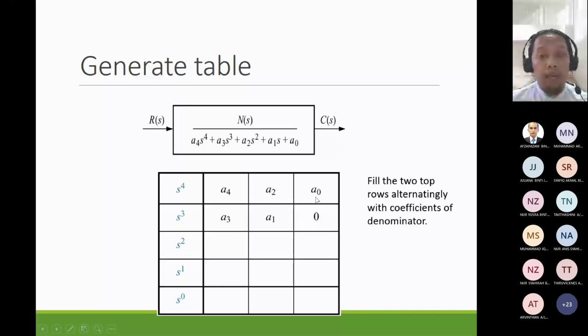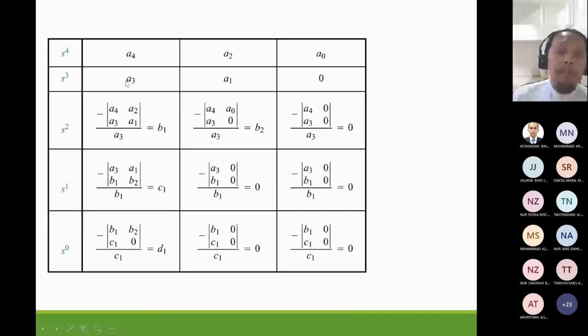Because you don't have any more coefficients, you put 0 for the remaining empty entries. Only fill the two top rows. After you fill the two top rows, you need to determine the next rows, S2, S1, and S0.